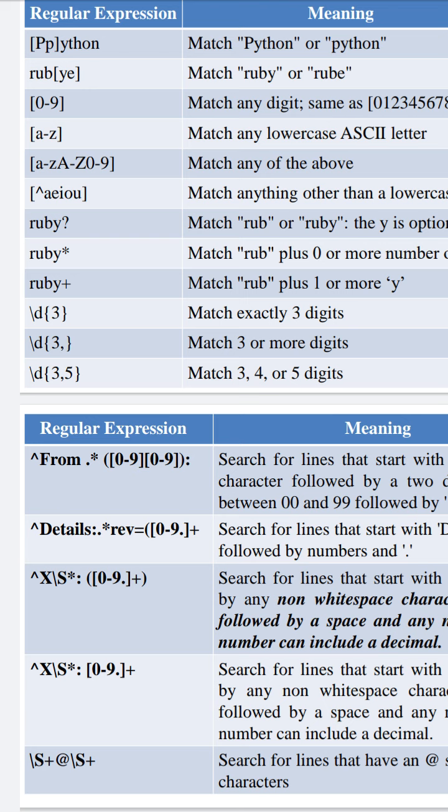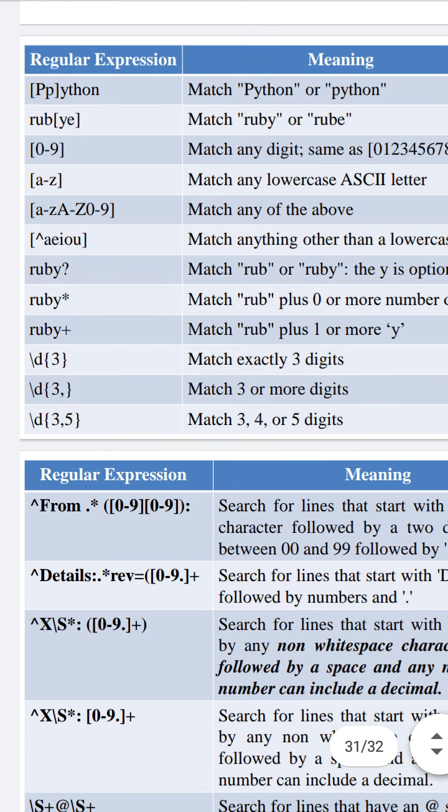If you observe the first regular expression, we have specified either capital P or small p in a square bracket. It indicates that either capital P or small p can match with the rest of the string specified outside the square bracket. That is, it will match Python with either capital P or small p as the starting letter.